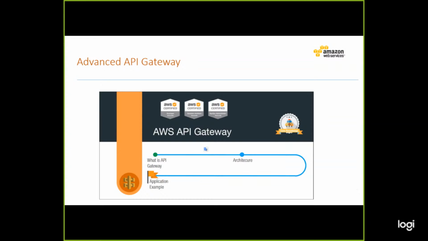The theory behind all this is that if you want to continue to the associate level, it doesn't require too much knowledge about API Gateway, but you need to understand how it all works together regardless. So we need to know what API Gateway is, what the architecture is, and we're going to give a few examples.